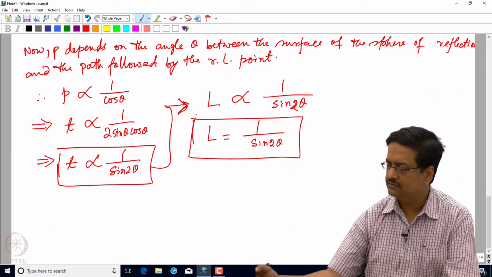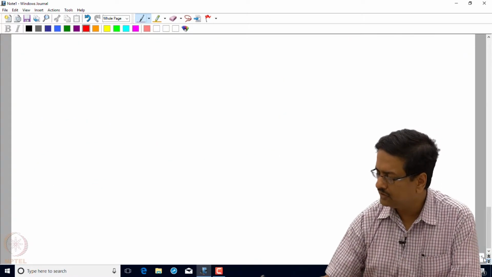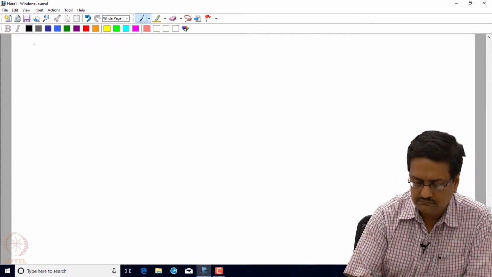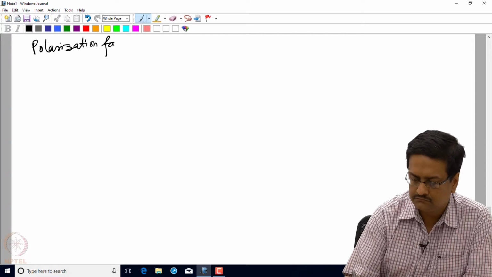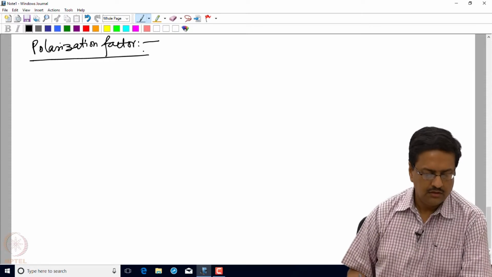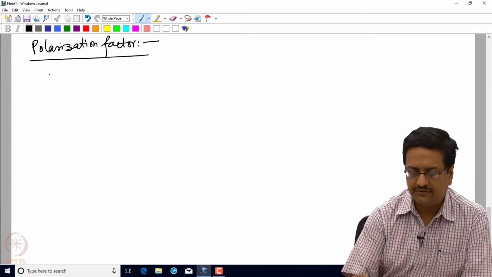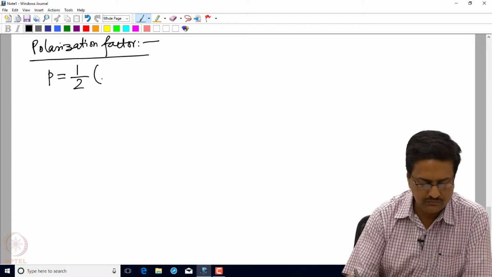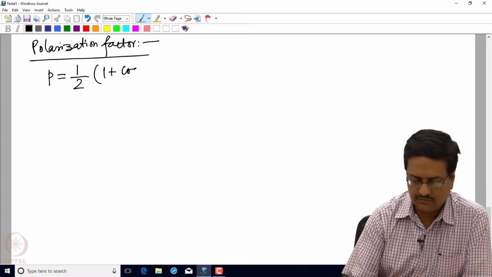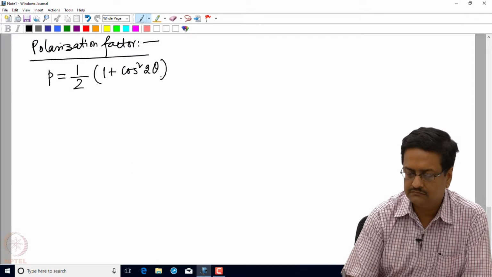Now let us try to understand the polarization term. The polarization factor P is written as 1 by 2 into 1 plus cos square 2 theta.